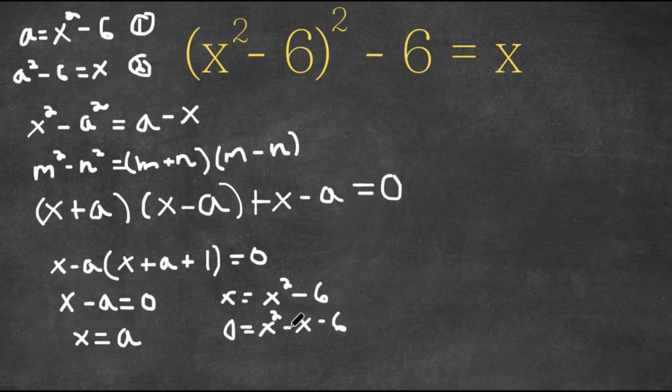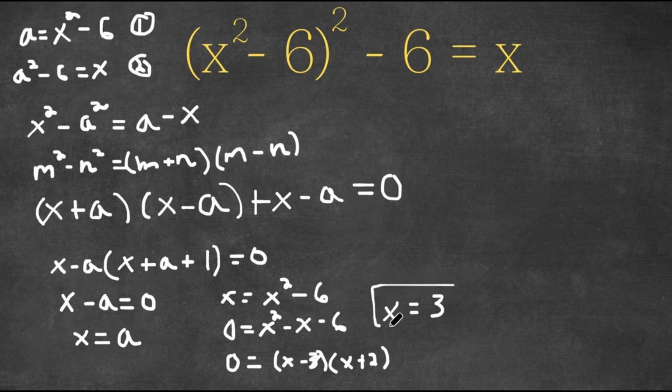Now we have a quadratic equation, which simplifies to 0 is equal to (x − 3) times (x + 2), meaning our two solutions for x would be x is equal to 3 and x is equal to negative 2.